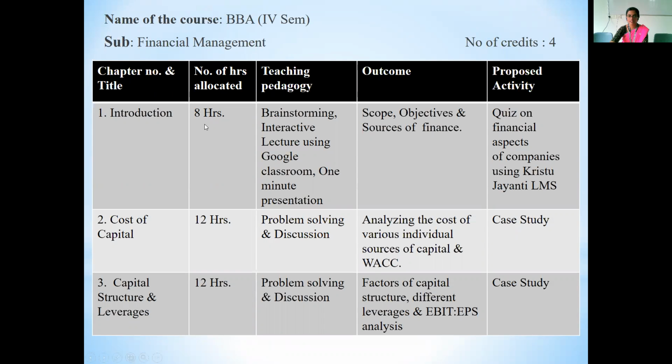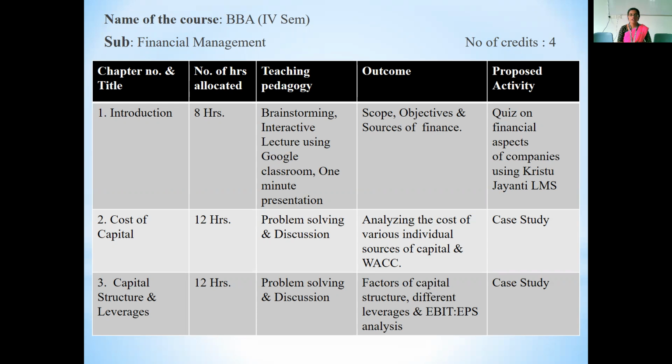Now we shall quickly have a glance into what the course actually looks like and what are the components or chapters or modules involved in the particular course. The first basic chapter is introduction, which has been allocated for 8 hours. So in this unit, we will be learning about what is financial management, the scope of financial management, objectives, and the various sources of finance through which a company can raise capital.